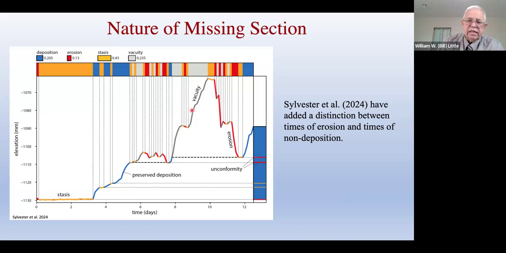In dealing with time, it required time to deposit these sediments, and then more time was involved in removing them. So the vacuity plus the erosion equals the amount of time that is not represented in the stratigraphic record.